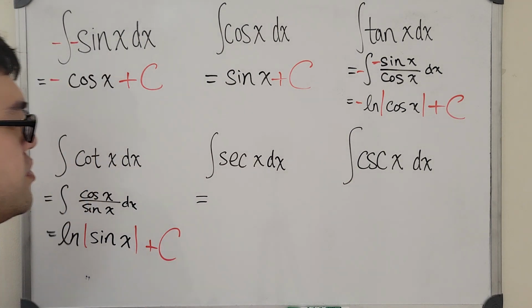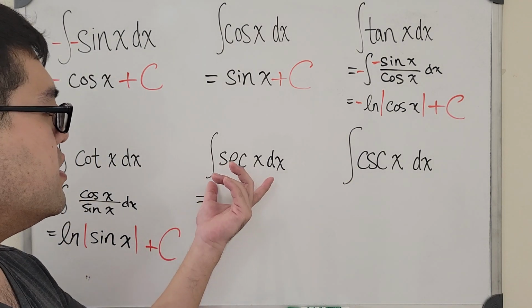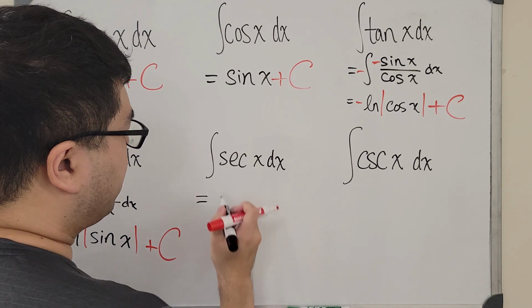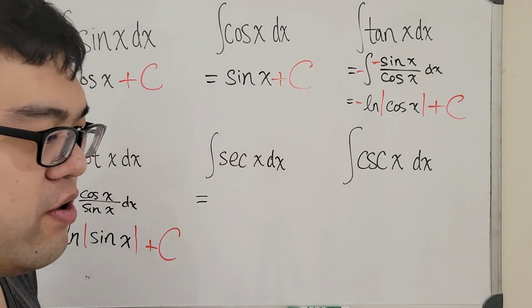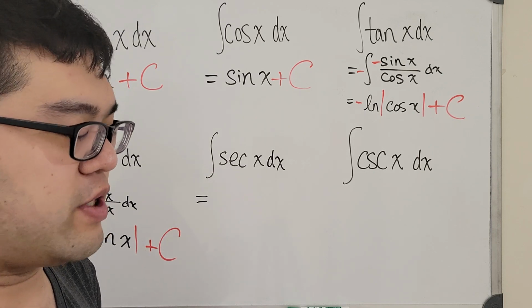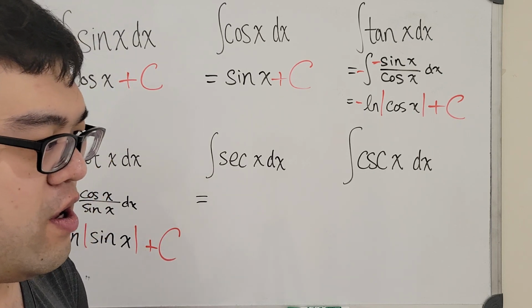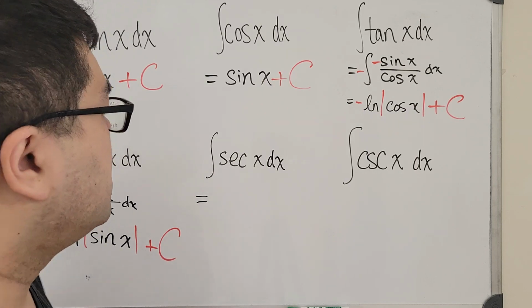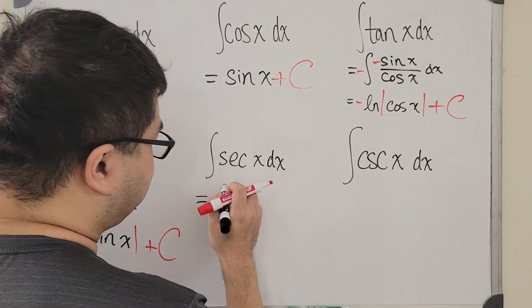Finally, we're going to look at the secant case. So this is a little bit tricky because, again, if we look at the results of derivatives of the trigonometric functions that we have, none of them is going to give us simply secant x. So what should we do?